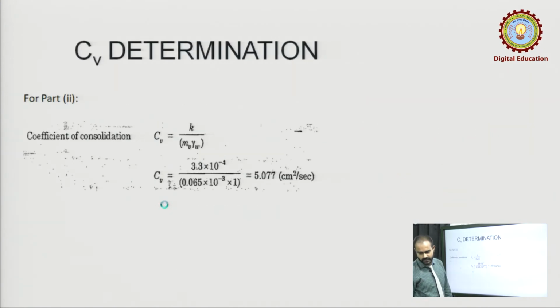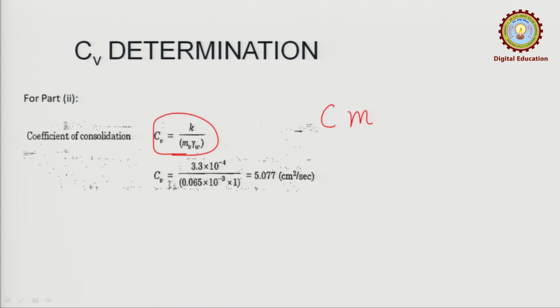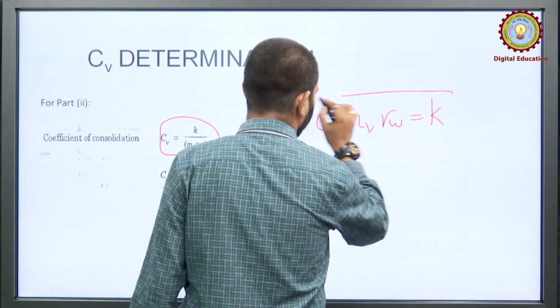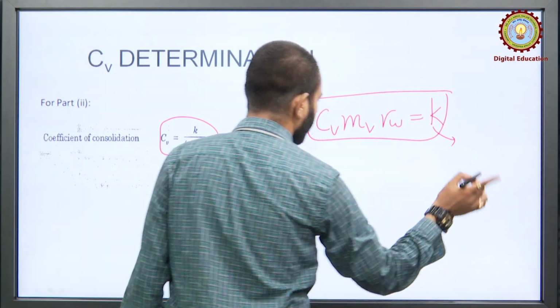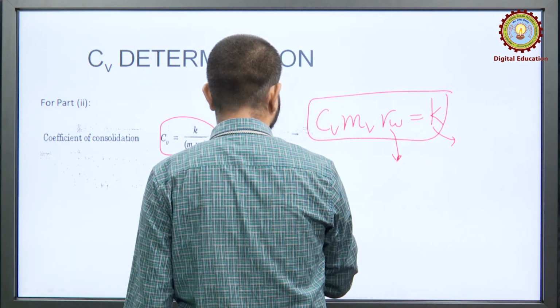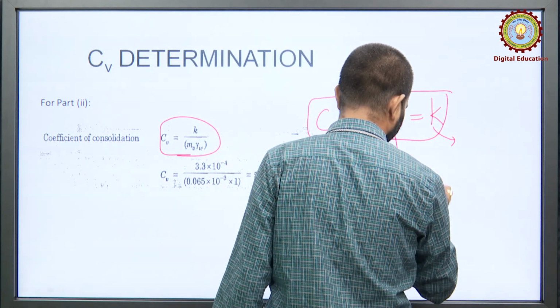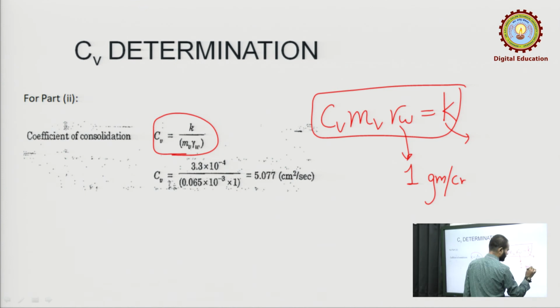Now, let us go to CV. For CV, what is CV? Just now we have written CV, MV, gamma W, and K is given. The value of K is given to us, if you remember. Gamma W we already know the standard value. This is all going on in gram and centimeters, so the value will be 1 only, 1 gram per centimeter cube.